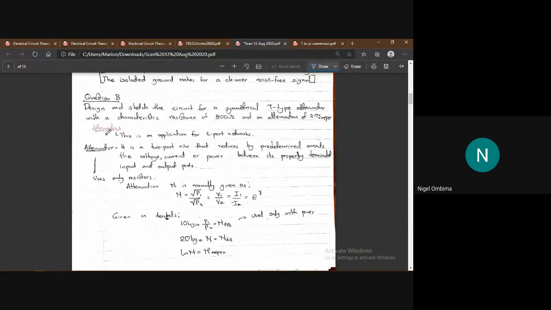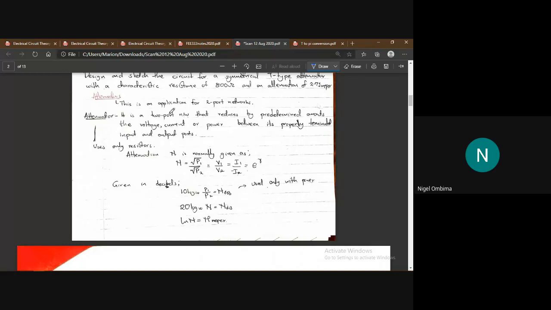So I'll take you guys on a little detour. Attenuators are an application of a two-port network. Its definition is a two-port network that reduces predetermined amounts of voltage and current or power between its properly terminated input and output ports. Just from the name attenuator, in English, attenuate means to reduce.